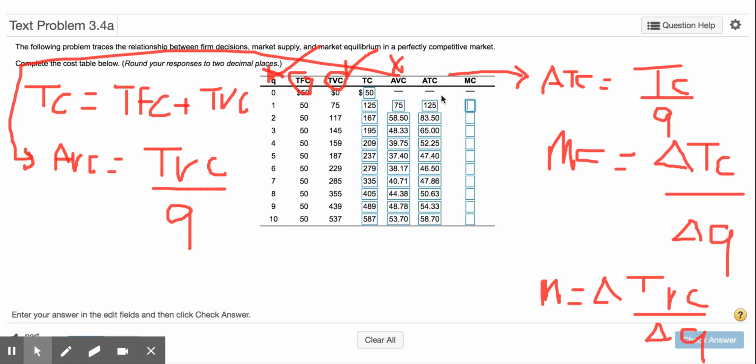So 75 minus 0 is 75. 117 minus 75 divided by 2 minus 1. The difference is always 1, so we can move fast, but you might have different numbers.